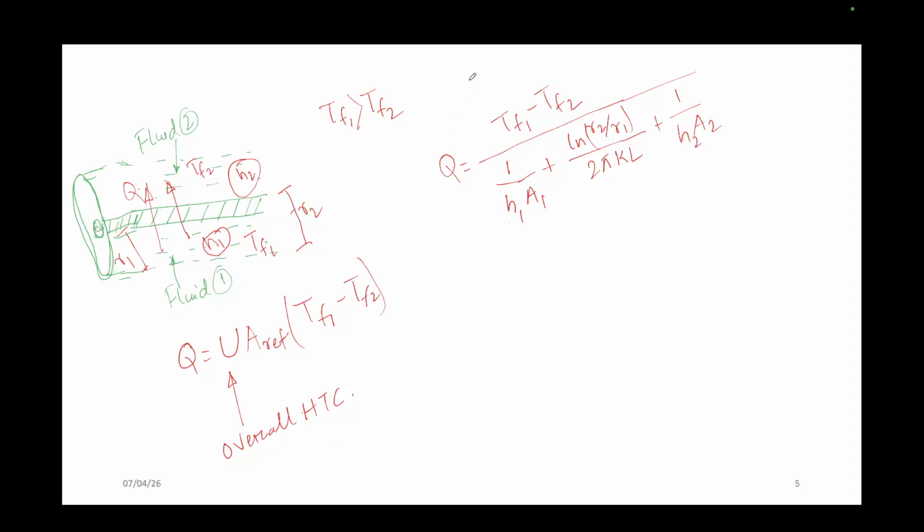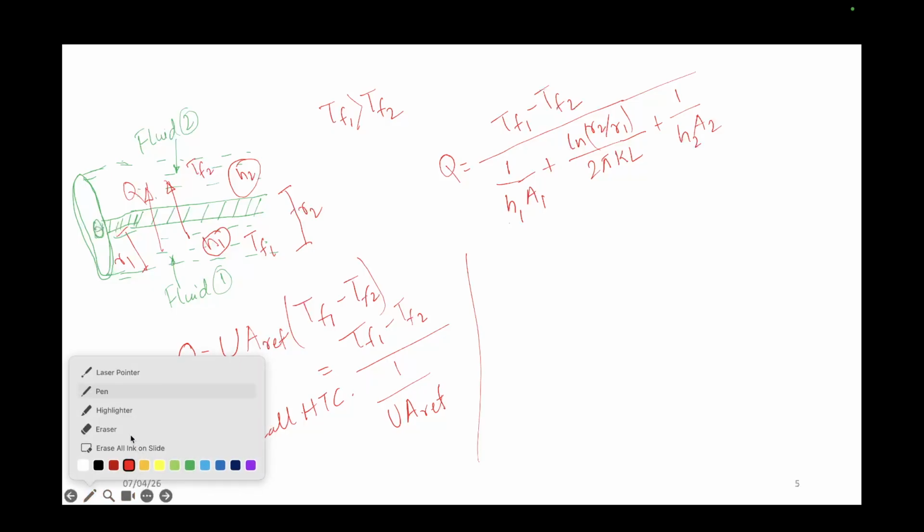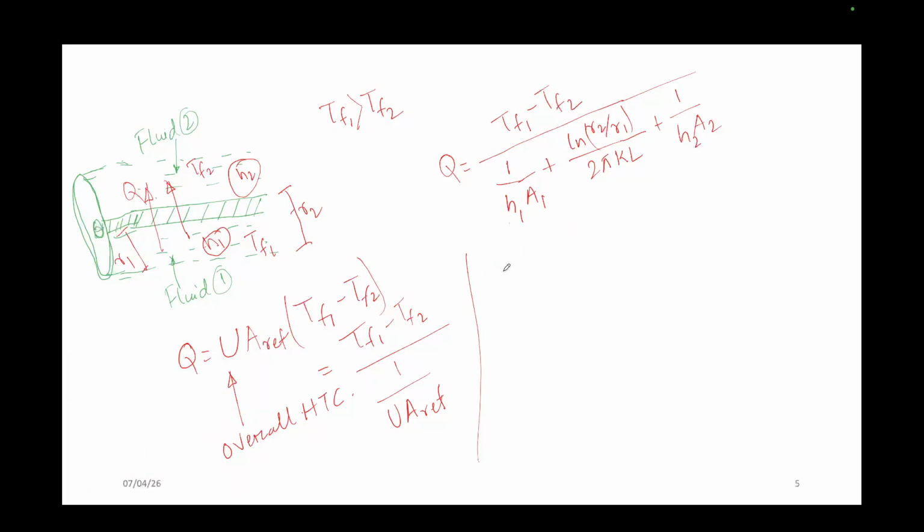So if I compare these two terms, this equation and this equation, can I write this as Tf1 minus Tf2 by 1 by U A reference, and can this be written as 1 by H1 A1 plus ln R2 by R1 by 2 pi KL plus 1 by H2 A2?